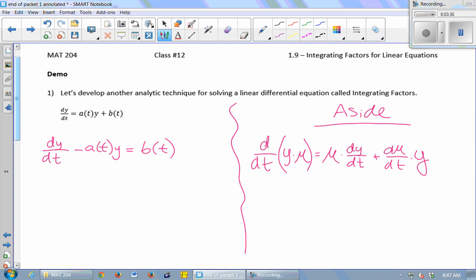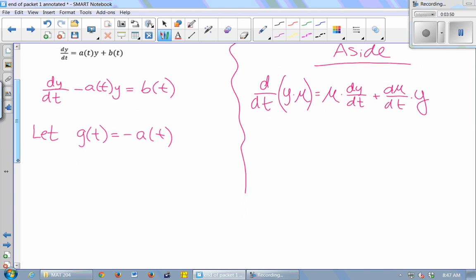However, just for the sake of simplicity, let g of t be negative a of t, so that we don't have any negative signs. So my differential equation becomes dy dt plus g of t y equals b of t. Nothing crazy yet, just some small manipulations.